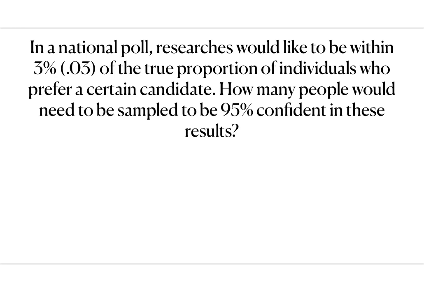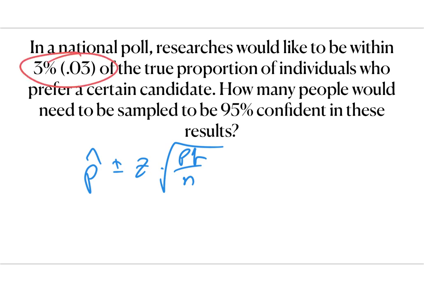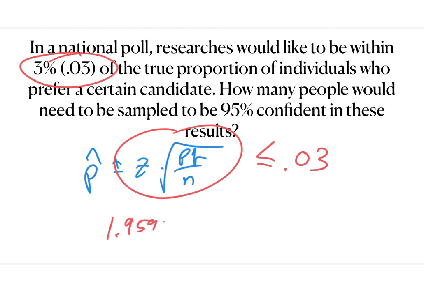Oh, no, we're going to do the other way around. P hat plus or minus z times pq over n square rooted. This would be like we did with the other one for finding n. I want to be within 3%, which means I want this to be less than or equal to 0.03. My z is 1.95996.